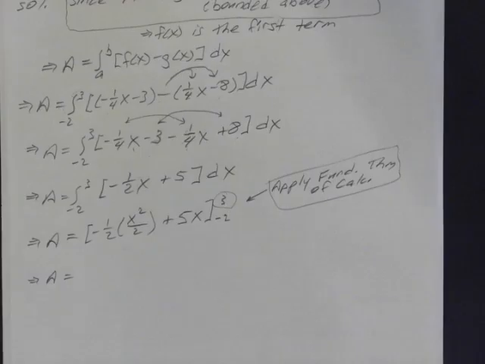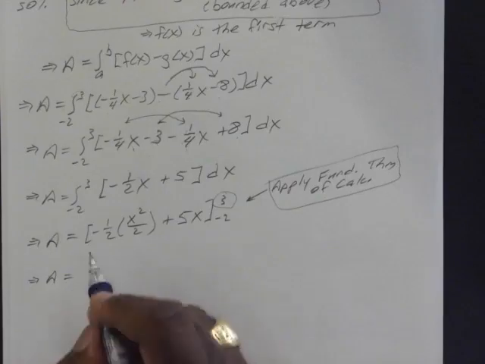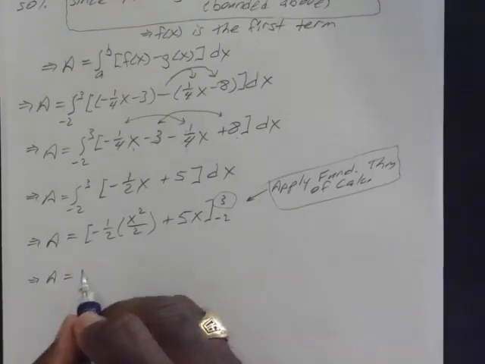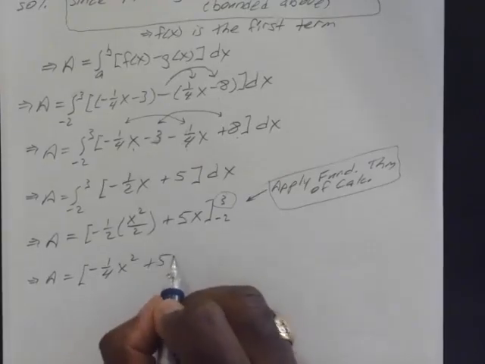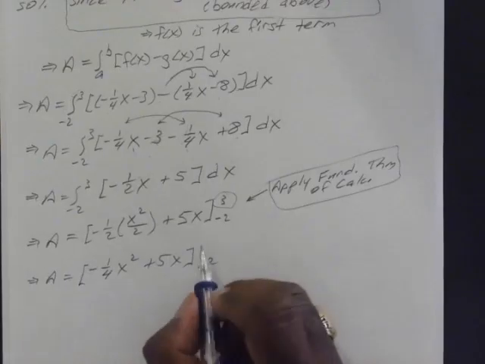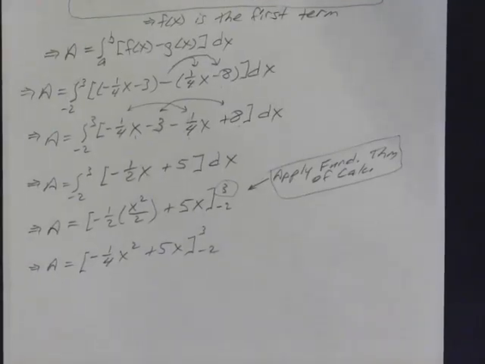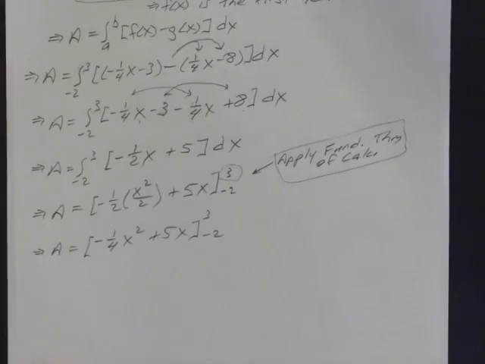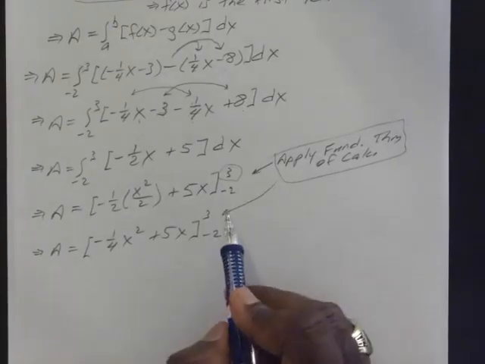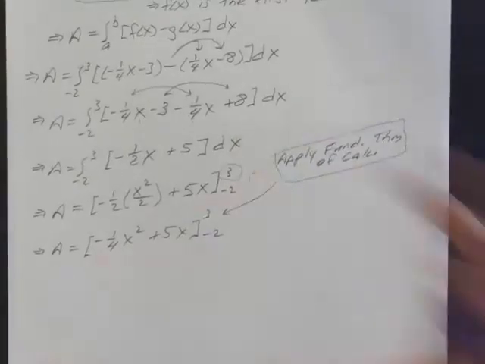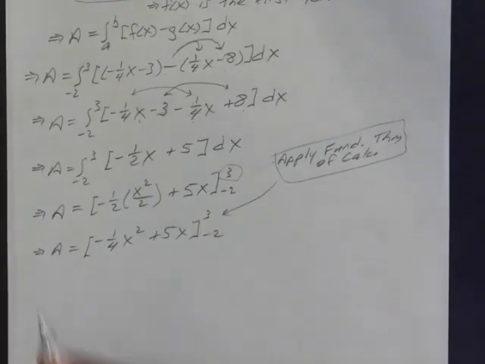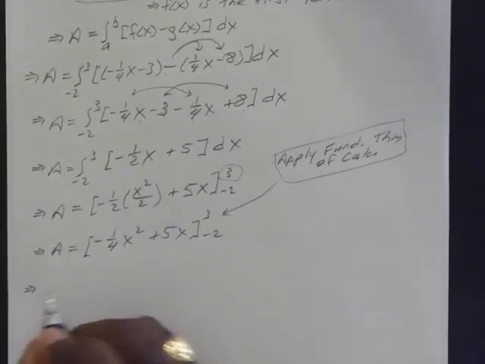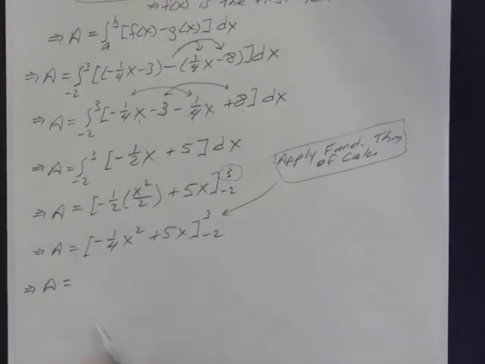Plug in our upper bound, and we can just change that to -1/4 x squared. Actually, I'll simplify it first before I plug it in. -1/4 x squared plus 5x, just to avoid any confusion. And I'll plug it in there. Now we plug in our upper bound.